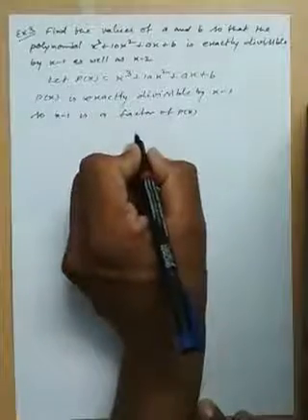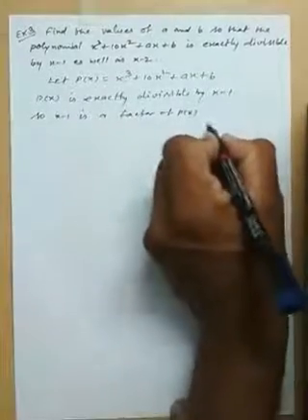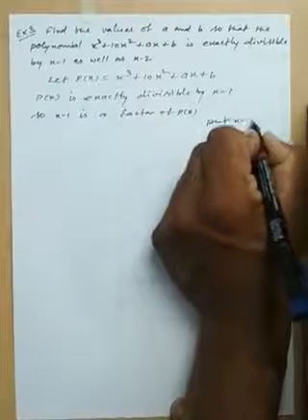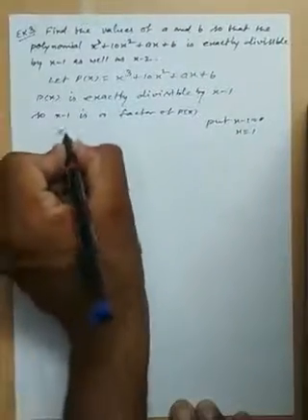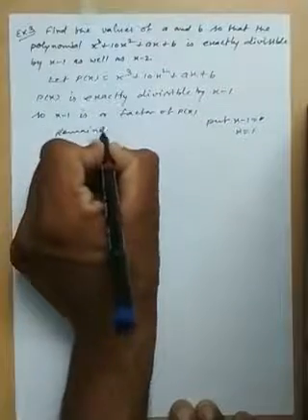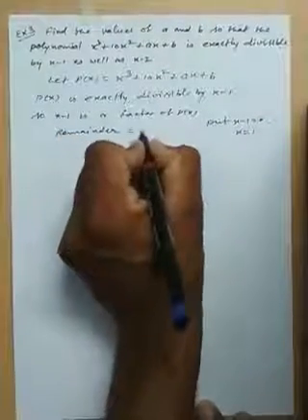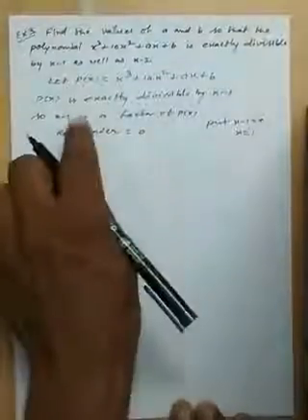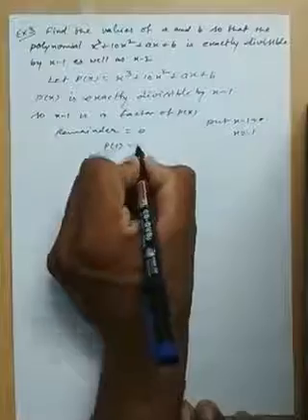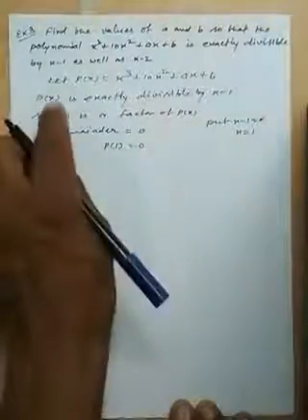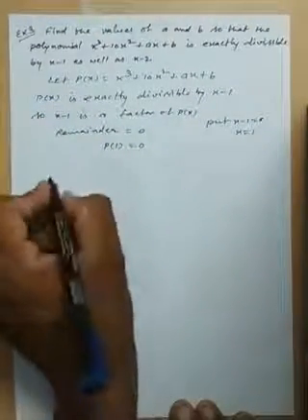Here the remainder is 0, but for finding the remainder, find the 0. Put x minus 1 equal to 0, then x equal to 1. 1 is a 0, and here remainder is 0 because it is a factor, and remainder is p1. So put the values of x in px.